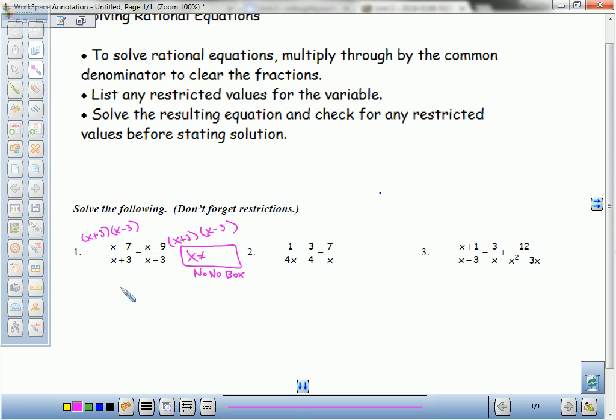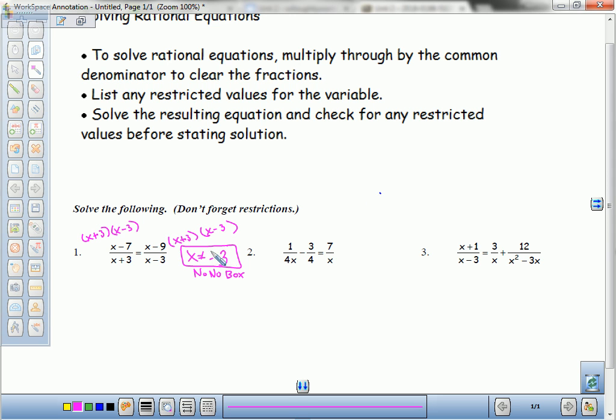What can x not be? Well, in this case, if x were negative 3, wouldn't it make that first one 0? So x cannot be negative 3. And if we look at this one, if x were positive 3, does it make that second fraction 0?